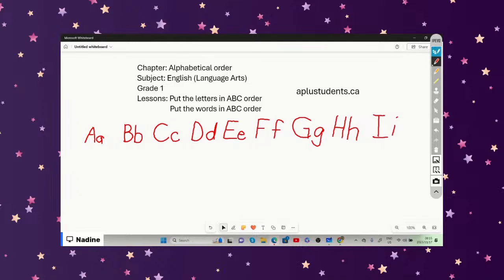For now, let us quickly go over these letters, and we will also look at words that match those specific letters.